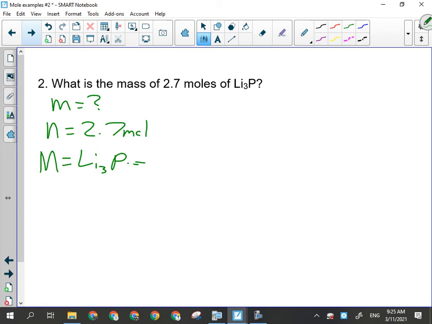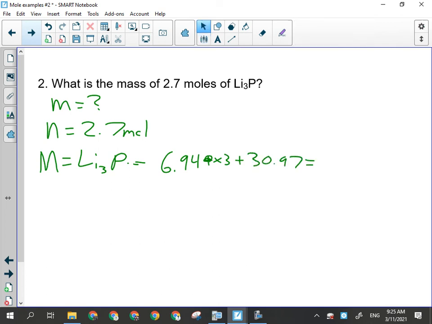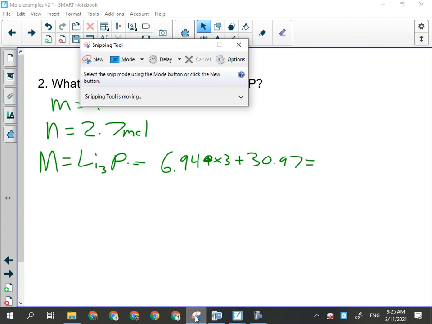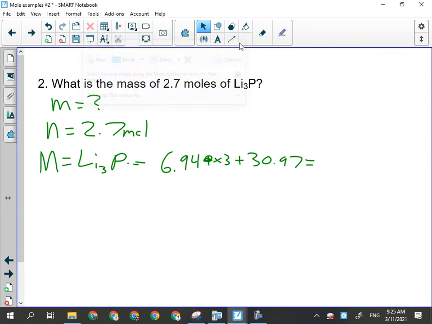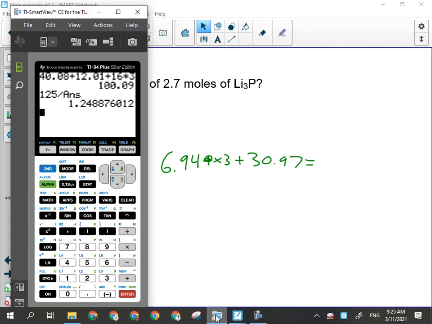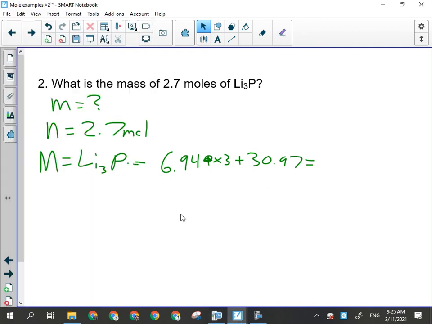So we've got 6.94 times 3, because there's 3 of them, plus 30.97. So 6.94 times 3 plus 30.97. We're looking at 51.79 grams per mole.